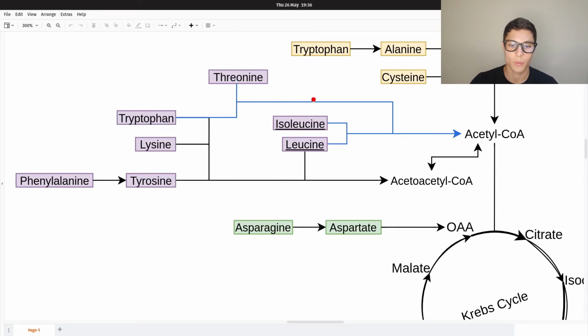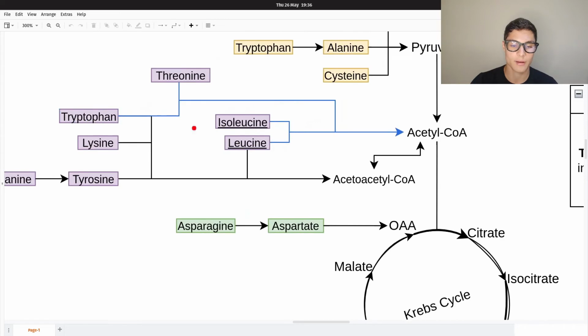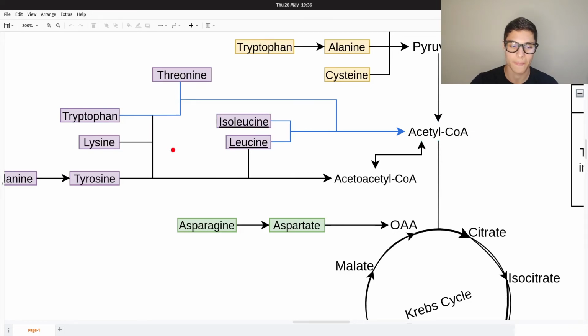The threonine, the tryptophan, the isoleucine, and the leucine will give us acetyl-CoA directly. So if we transaminate those amino acids, their carbon skeletons will give us acetyl-CoA.